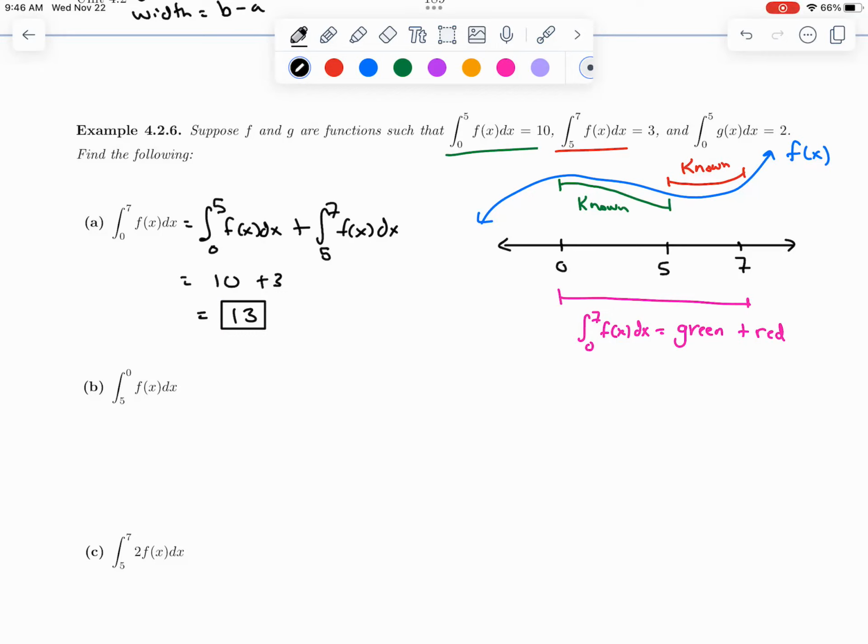So the definite integral from 0 to 5 is the green piece, that's 10. The integral from 5 to 7, that's the second piece, which is 3. And then together, that's 13.